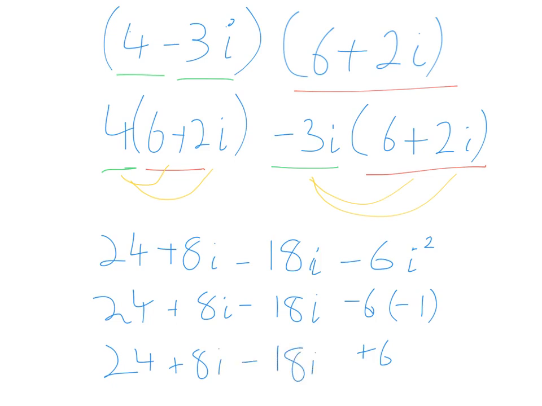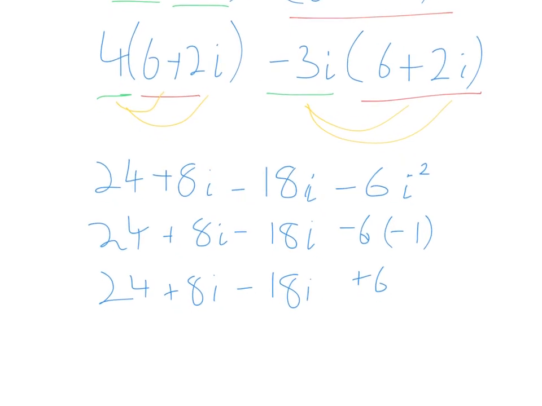Now, we know that what we need to do is group like terms and then simplify them, just like when we dealt with addition and subtraction before. So our like terms here are going to be 24 and 6, which are our real numbers, and 8i and minus 18i, which are our imaginary numbers. So we'll group them together, 24 plus 6, and then 8i minus 18i.